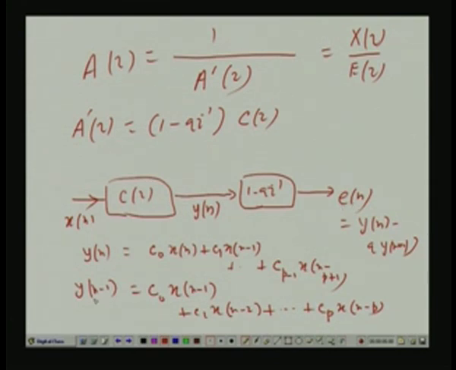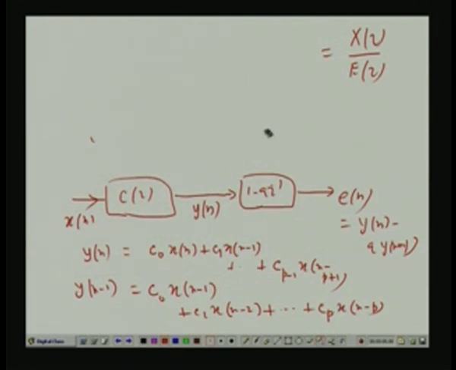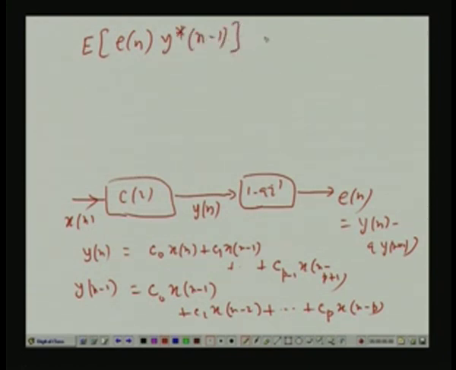Therefore, e[n] is orthogonal to y[n minus 1], because e[n] is orthogonal to x[n minus 1] up to x[n minus p]. So, the correlation between e[n] and y[n minus 1] is 0. It is important, as I told you, that C(z) is a polynomial of degree p minus 1.